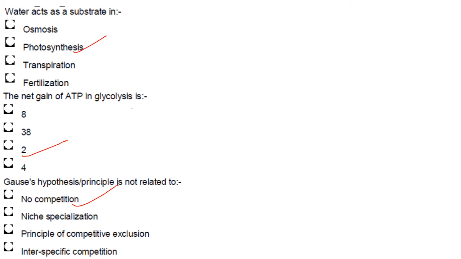Is a process where evolution through natural selection adapts a species to a particular set of abiotic and biotic characteristics within a habitat, that is, to specialize in living in that particular ecological niche. That is niche specialization. So answer is option A, no competition.